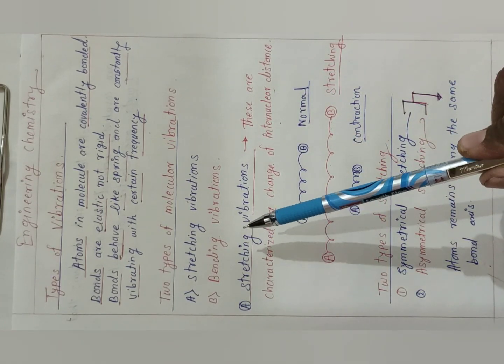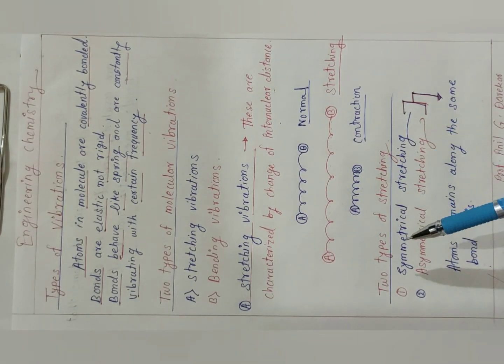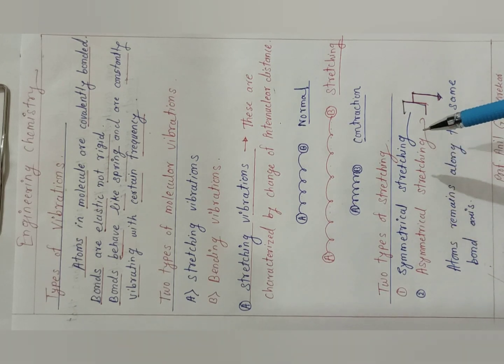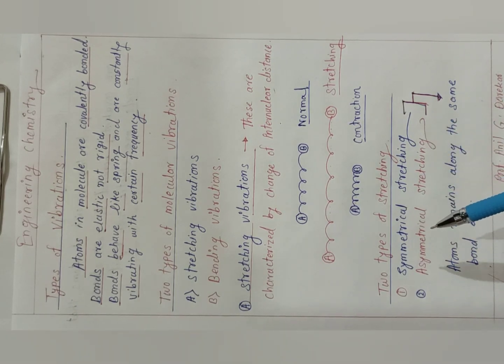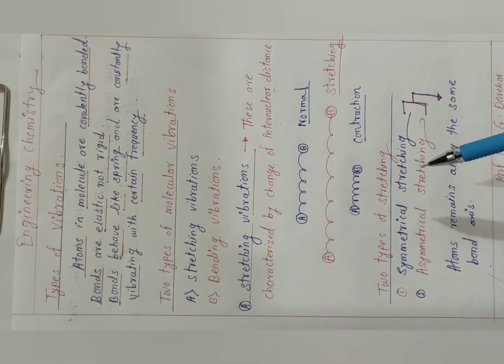Now stretching vibrations are classified into two types: first, symmetrical stretching, and second, asymmetrical stretching. In both stretchings, atoms remain on the same bond axis. Try to understand, there is a bond axis. During stretching, atoms remain along the same bond axis.